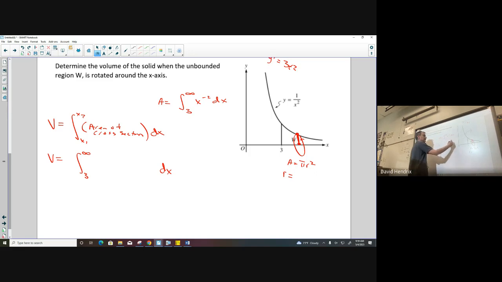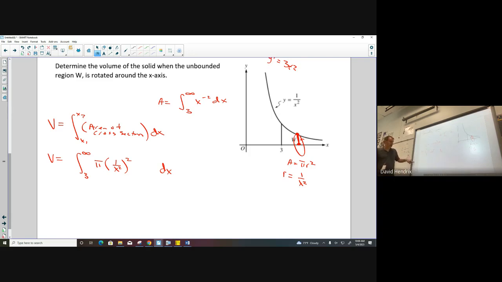If we're going to find a length between 10 and 3, we would say it's 7, because 10 minus 3 is 7. So in this case, we're doing this function minus 0. This length is going to be 1 over x squared minus 0. And so we'd end up with pi times 1 over x squared, all squared, so we have our pi r squared dx. And this integral right here would give us that volume.